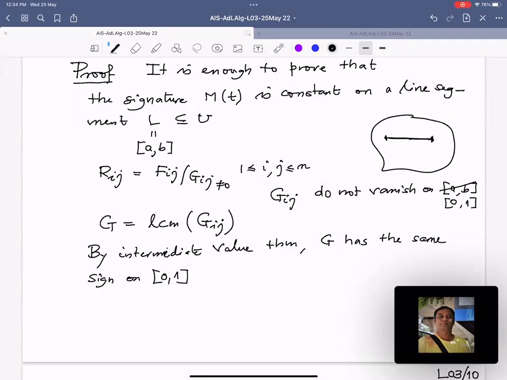And same sign, therefore, without loss of generality, we may assume that the sign is positive. Sometimes it is confusing when we write this short form sign, that is, the sign of a real number or the signature of the form. That should be clear from the context.